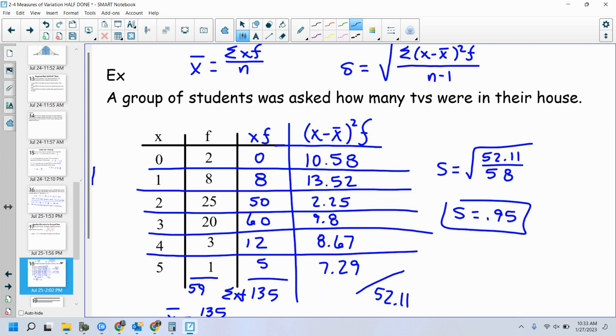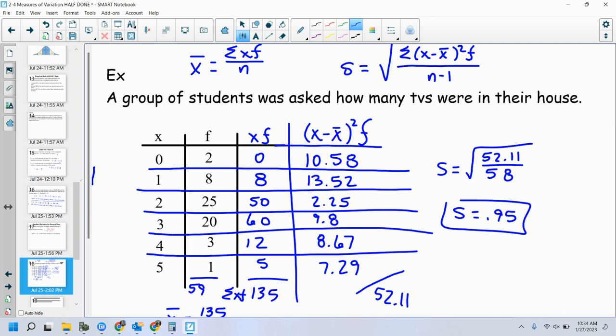Well, we know 2 standard deviations above and below the mean. What's my mean? 2.3. So 4.3 to 0.3. Now, do I assume that this is bell-shaped? No. I can say 75% of the data fits within 2 standard deviations away from the mean.